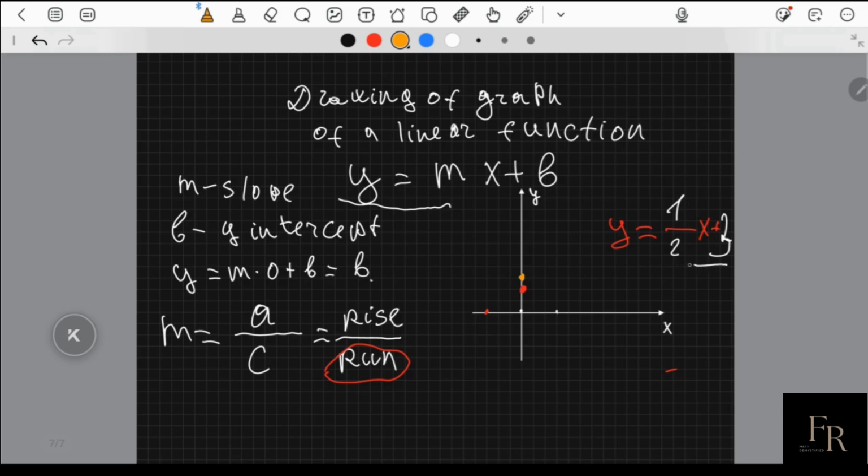And another point would be: whenever I go 2 points on x, I should go 1 point on y. 1, 2, 1 point here. Again from this point, 1, 2, and 1 point here. And again, if I go 1 point down, I should go 2 points left. So this is the graph of this function. I just need to make it a straight line. That's it.